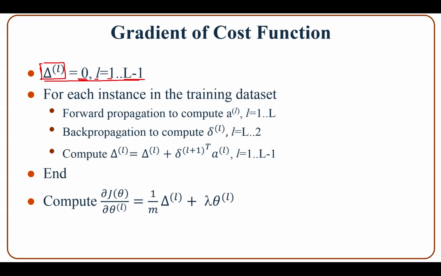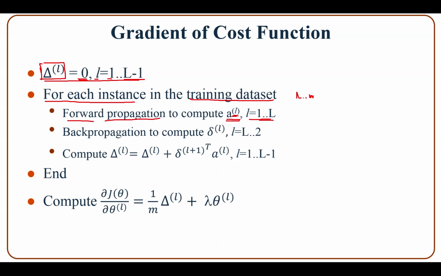And then we have a loop for each instance in the training dataset from 1 to M, right? For each instance, we apply forward propagation to compute all the outputs, A L, the output at layer L for all the layers from 1 to L.